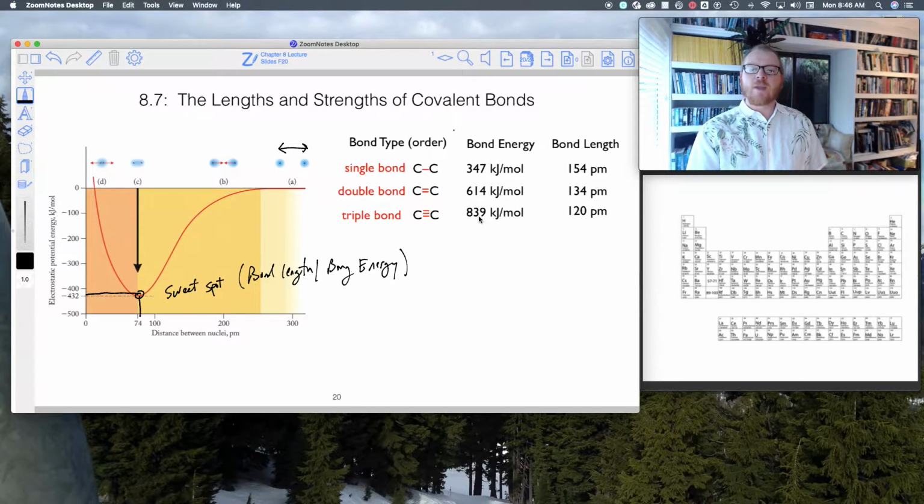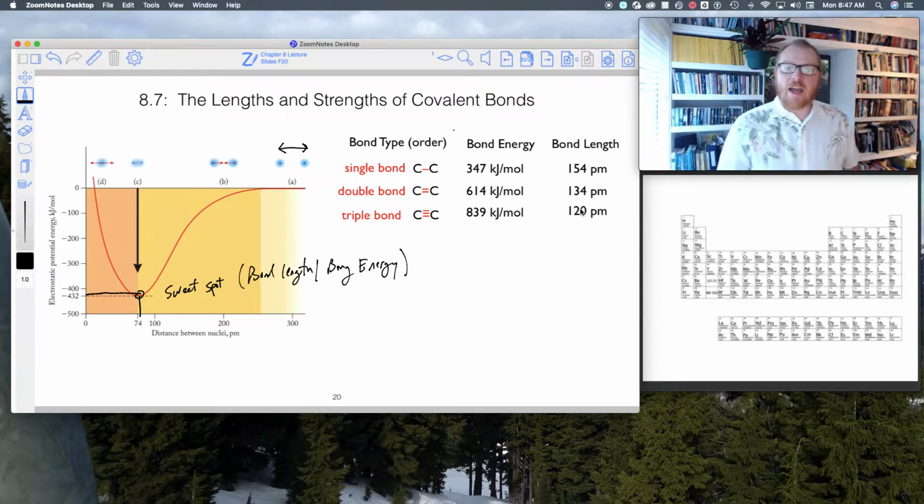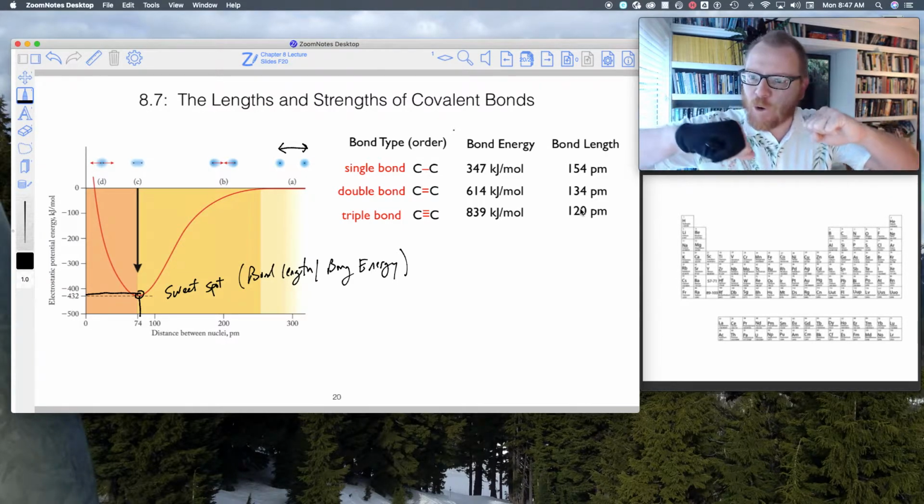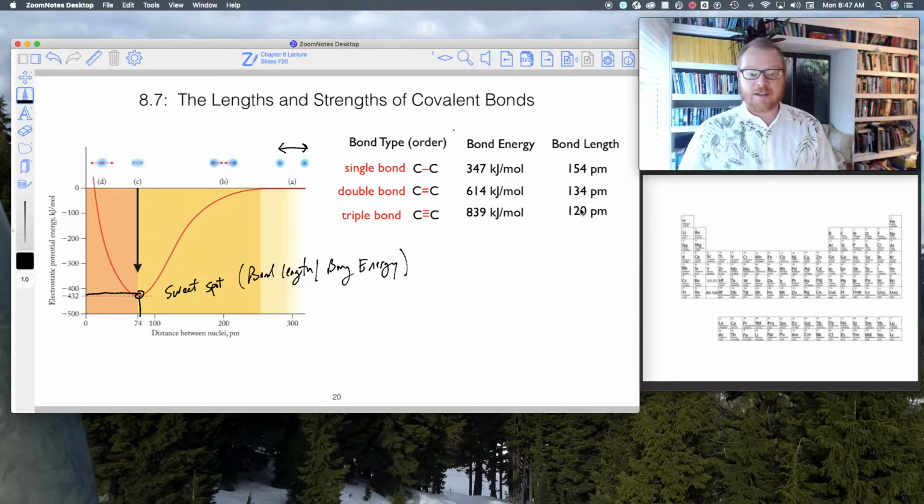Also, as the bond energy gets bigger, the bond length gets shorter. That carbon-carbon triple bond really pulls those two nuclei together, down to 120 picometers, much shorter than the 154 picometers for a carbon-carbon single bond.